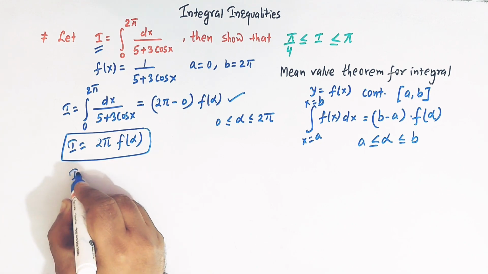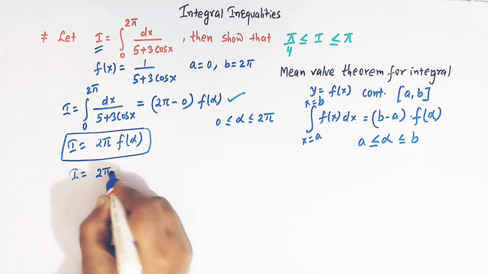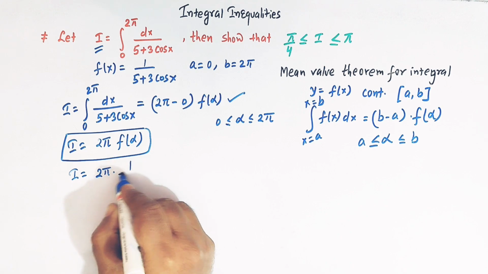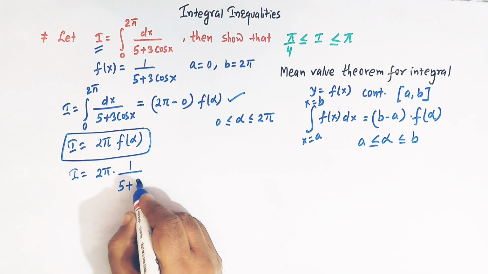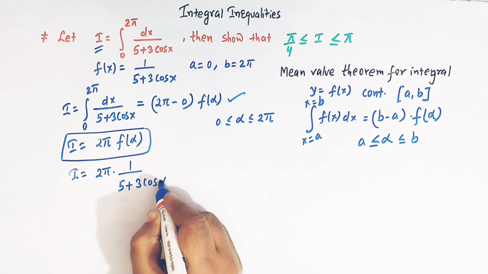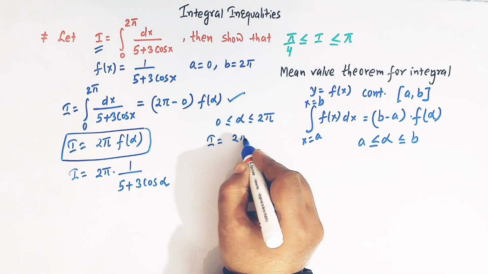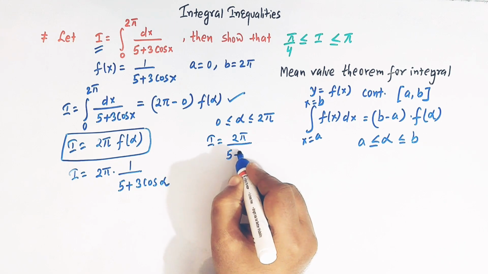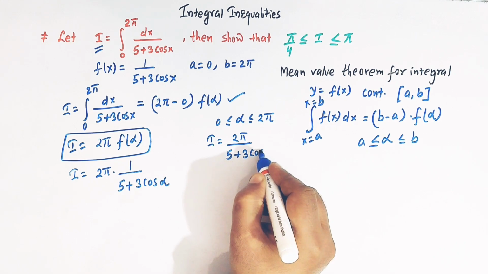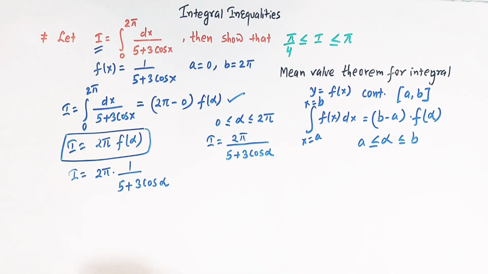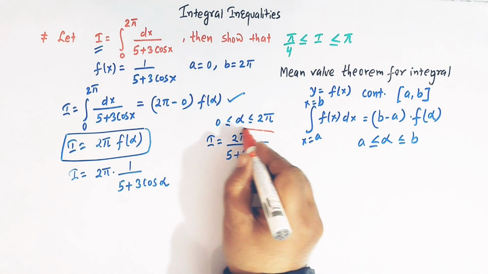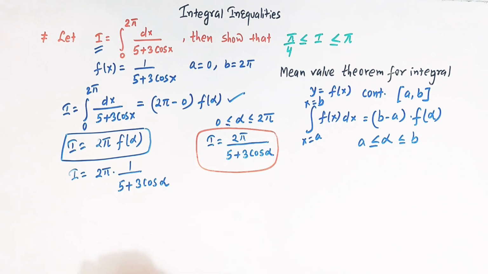So I is equal to 2 pi times 1 over 5 plus 3 cos alpha. That is, I is equal to 2 pi over 5 plus 3 times cosine of alpha.